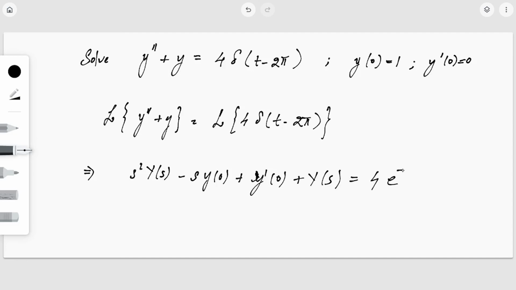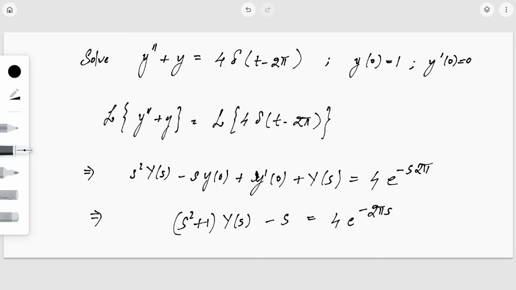E raised to minus s t dot. Here t dot is 2 pi, right? So when I apply the values, y dash of 0 is 0, y of 0 is 1, so s square plus 1 into y of s minus s is equal to 4 into e raised to minus 2 pi s.